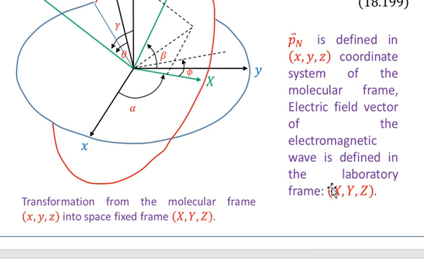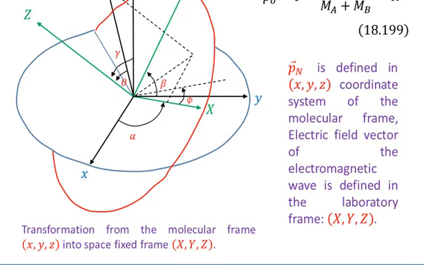And you know that these two systems can be linked together. So let me read the caption: transformation from the molecular frame XYZ into the space fixed frame capital X, capital Y, and capital Z.